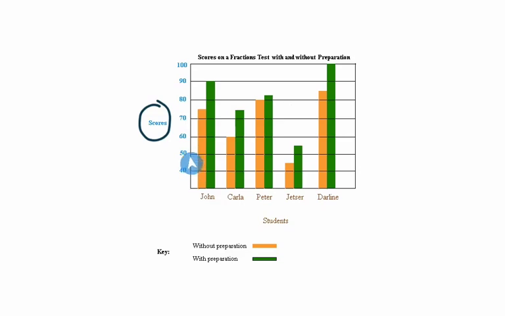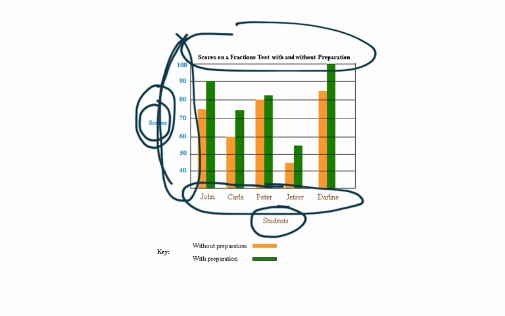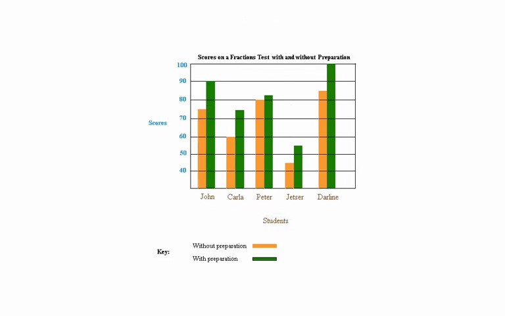And then each tick goes up 10, which is also perfectly okay, as long as you tell me that by actually putting the numbers over here. All right. So again, we have the title, we have the scores, and we have the students. Okay, remember our information goes on the bottom and our numbers go on the side. All right, and again, it's okay that they go up by 10 at a time.